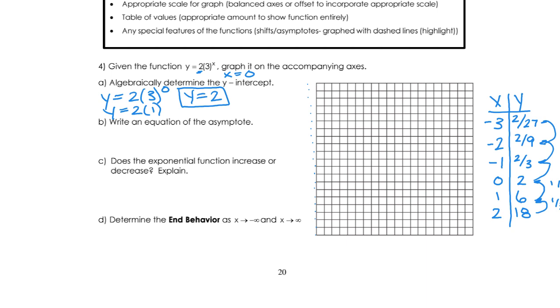So in order for this to fit on our graph, we want to make it to 18 at the top there. And so we can go ahead and put in our x-axis, drop down low so that we can fit 2^18 on our graph. We do have a couple negative numbers that we wanted to fit.